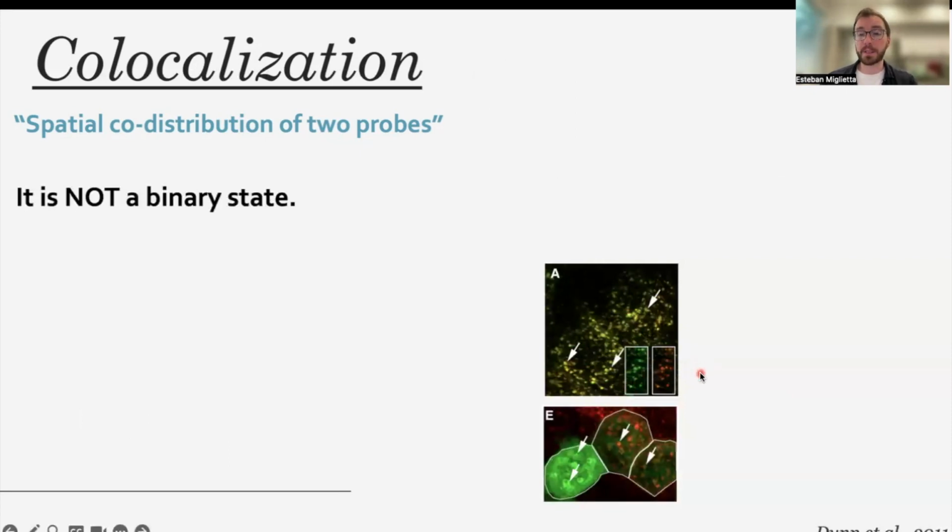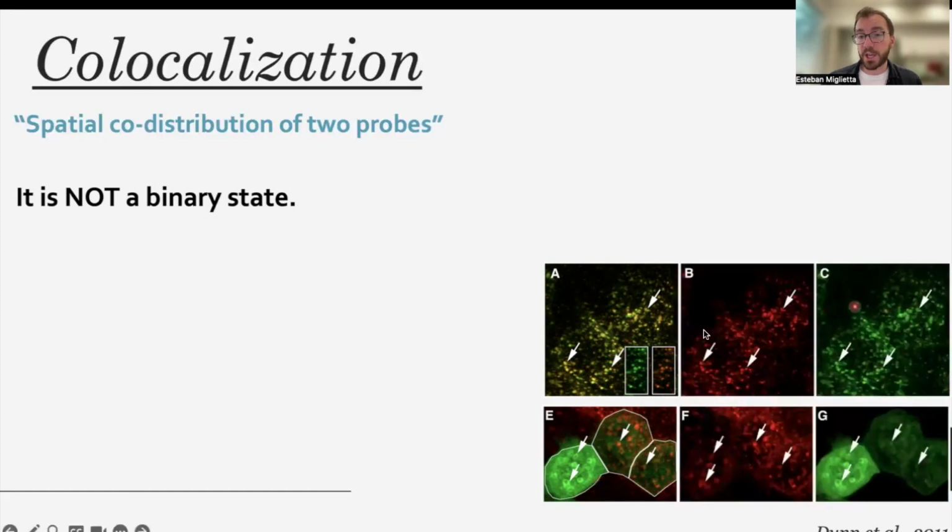Another characteristic of colocalization is that it's not a binary state. We can't just say, oh yeah, here these two probes are colocalizing and here they're not. If we see the channels here, it's very obvious: most of the green puncta correspond to red puncta, so we see all the overlapping image in yellow.